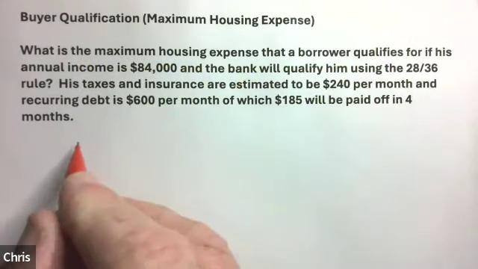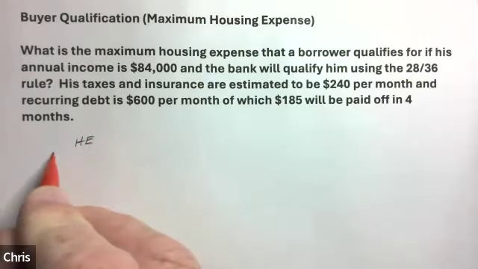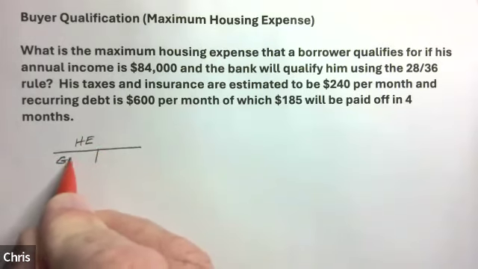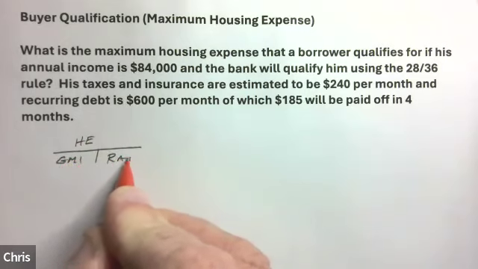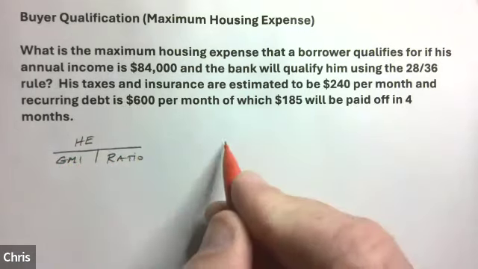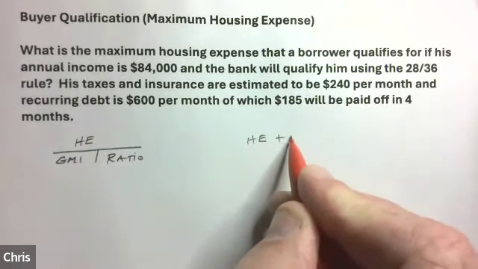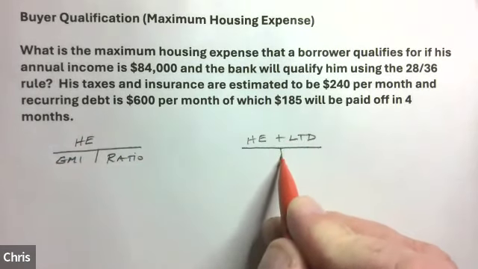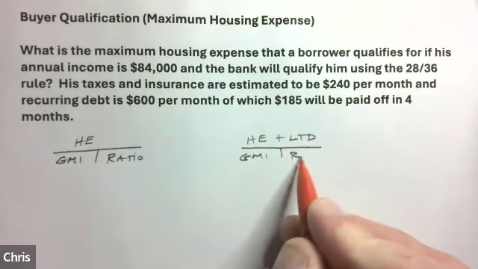The minute I know it's a qualifying problem, I set up my T-bars. If you're watching these videos back to back, hopefully you're getting almost tired of this because you're doing the same things over and over. Housing expense on the back end plus long-term debt over gross monthly income times ratio.